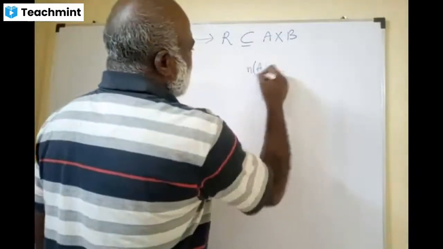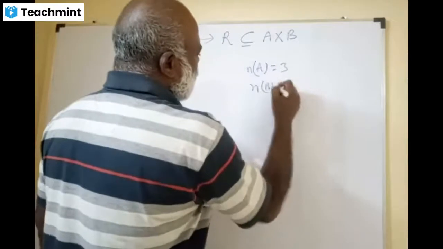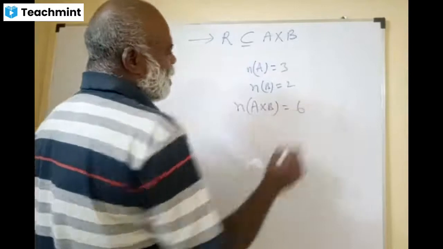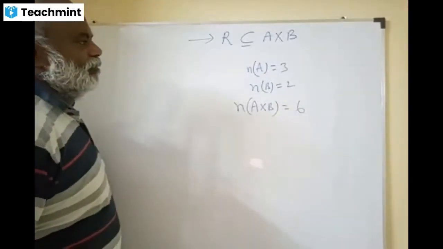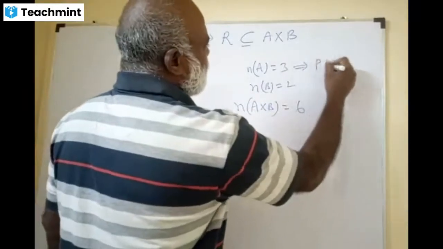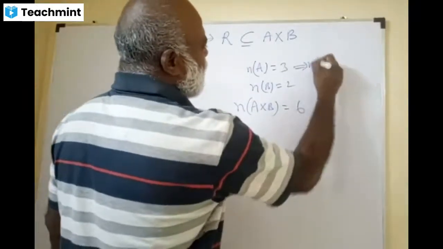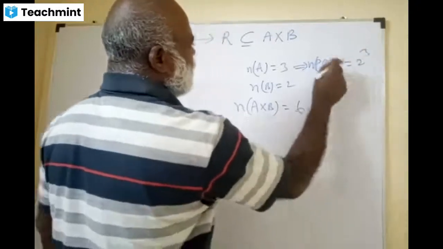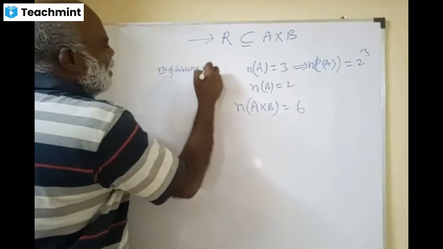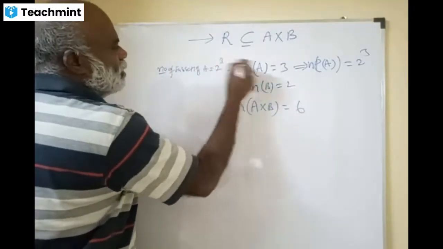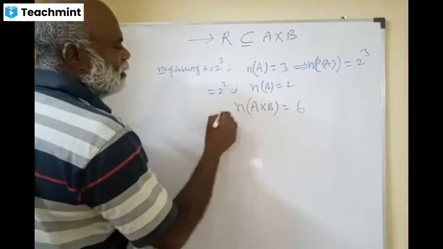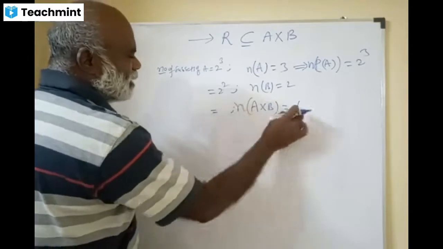If n of A equals 3 and n of B equals 2, then n of A cross B equals 6. Next, the number of subsets of a power set: n of P of A equals 2 cubed. The number of subsets of A is 2 cubed, the number of subsets of B is 2 squared, and the number of subsets of A cross B is 2 power 6.